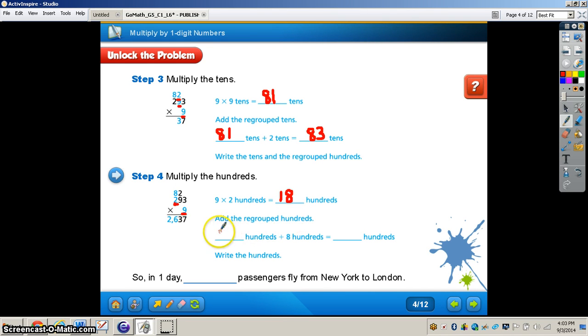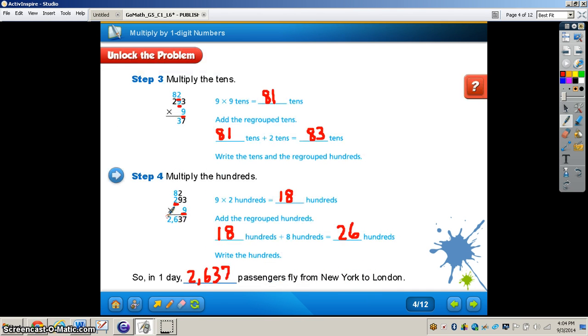So what we have is we have 18 hundreds plus the 8 hundreds that we carried over is going to give me 26 hundreds. Okay, so in one day we can see that we have 2,637 passengers from New York to London.